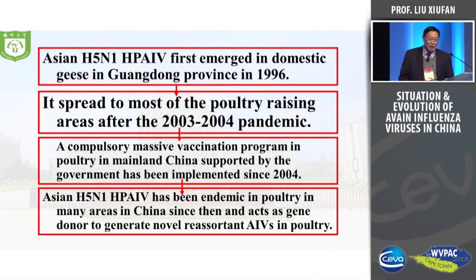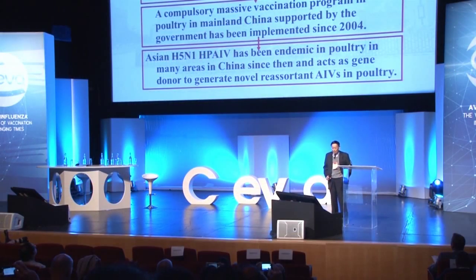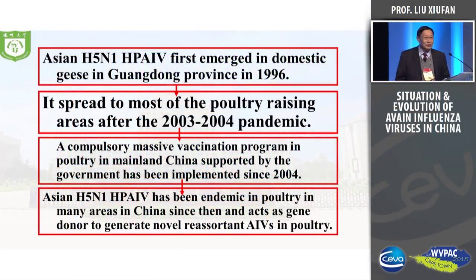Asian H5N1 HPAIV first appeared in 1996, also in Guangdong province, in domestic geese. It spread to most of the poultry raising areas after the 2003 to 2004 pandemic.